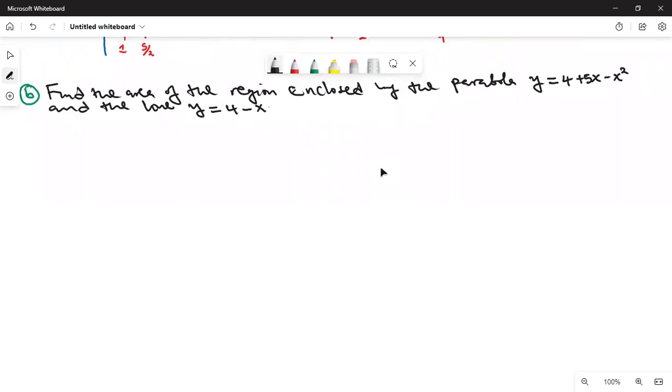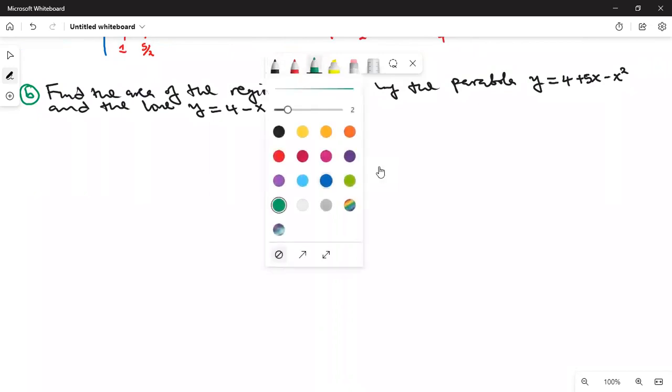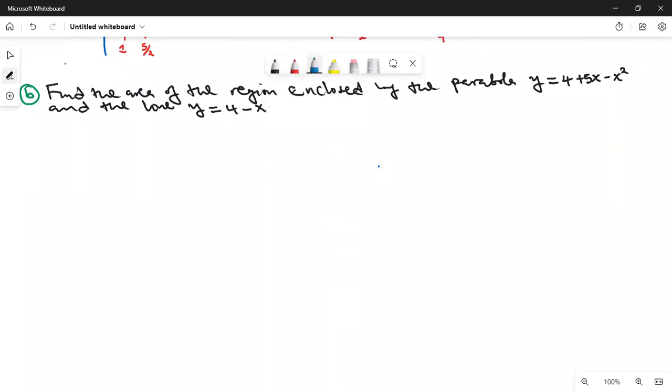Let me use another color to draw them. This can be blue. The vertical axis, remember, it's just a sketch. The horizontal axis is x, this is y.